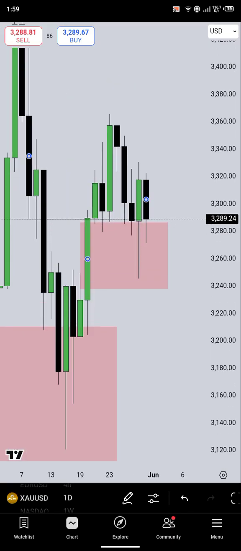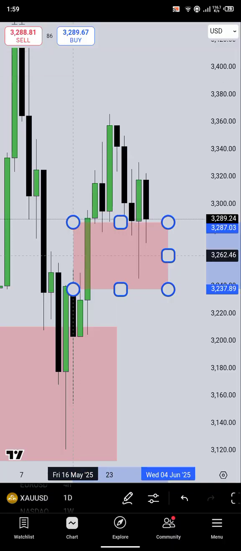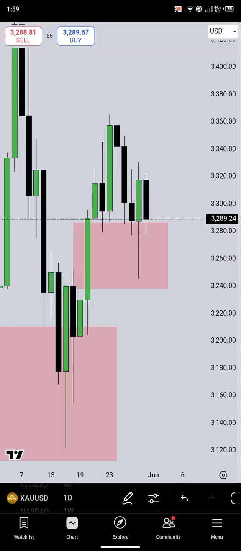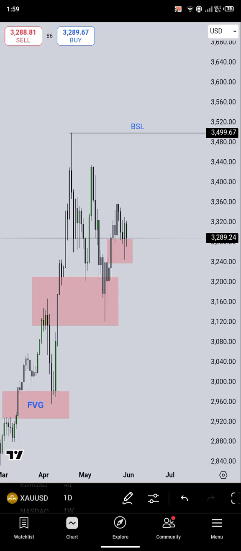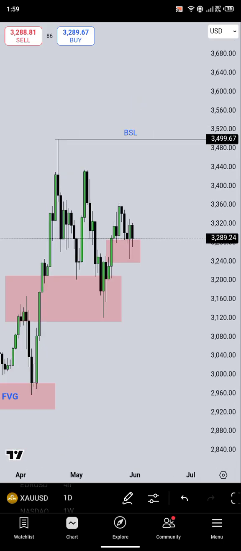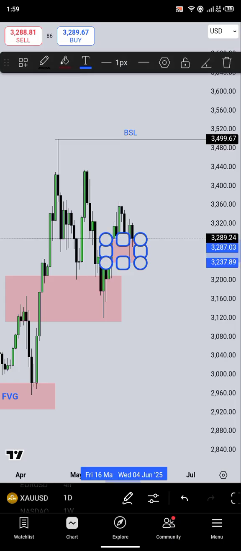So our target, our draw on liquidity, we'll be expecting this buy side liquidity to be taken out.